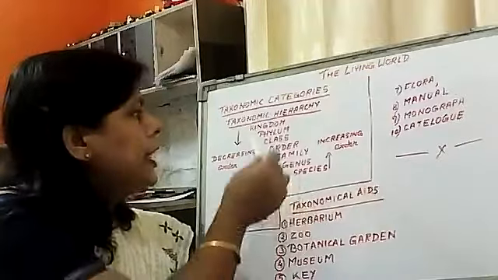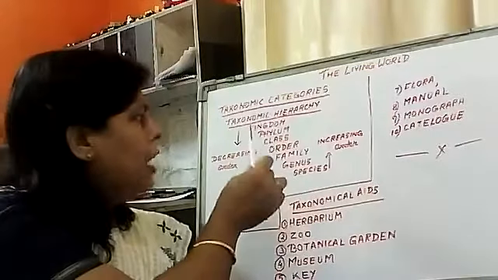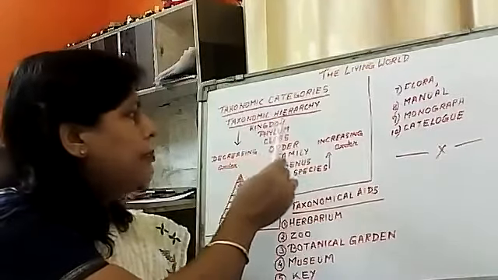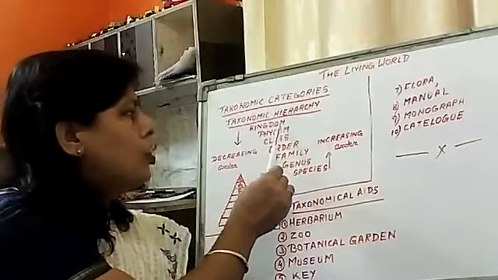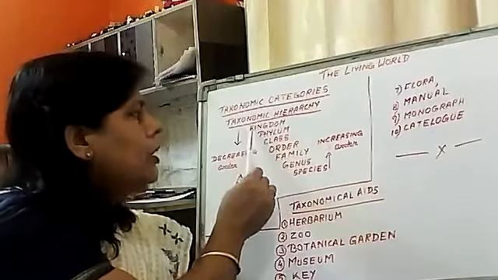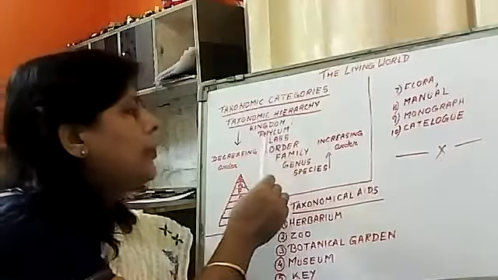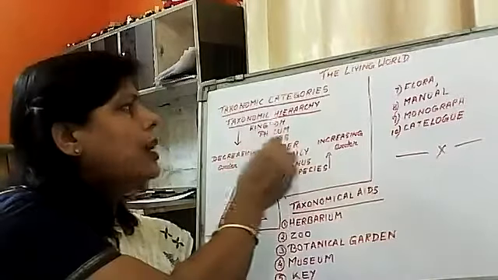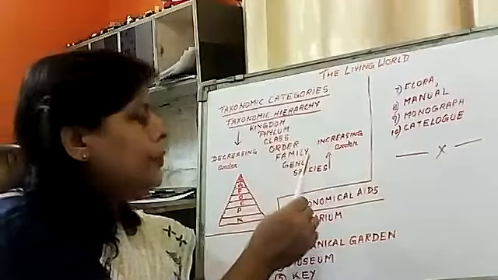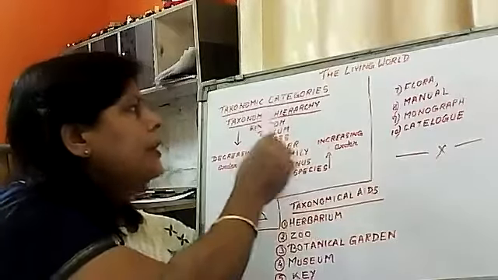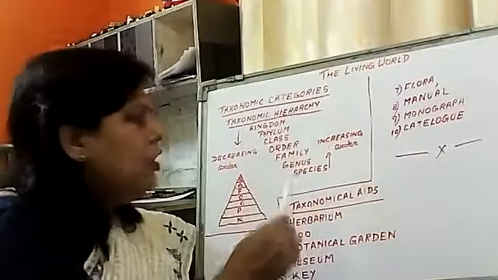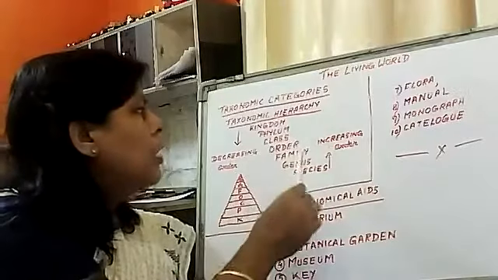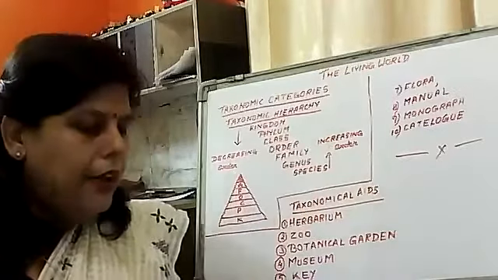Accordingly, it is classified. Another thing you have to remember is that each group in this hierarchy, this phylum, also represents one taxonomic category, and the family is also one taxonomic category. So this much you have to know about the taxonomic hierarchy.